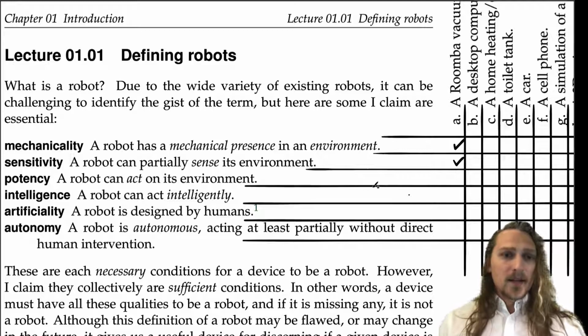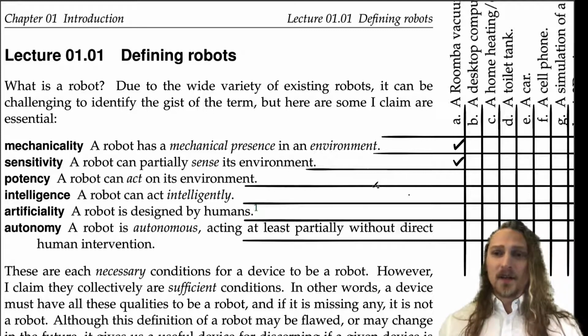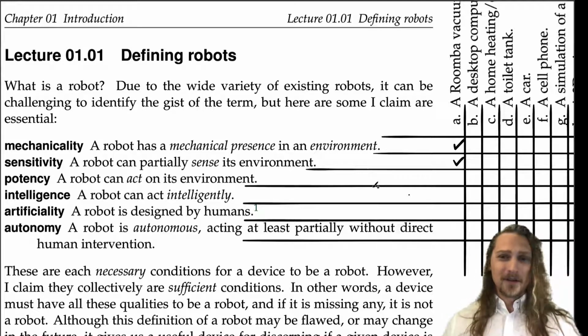Potency. A robot can act on its environment. So a Roomba certainly has that ability. It sweeps up dust and whatever else happens to be on the floor in your home. So it meets that criterion as well. Intelligence. A robot can act intelligently. Now, there are certainly some models of Roomba that have pretty advanced intelligent behavior.